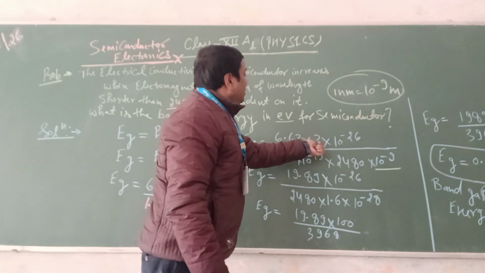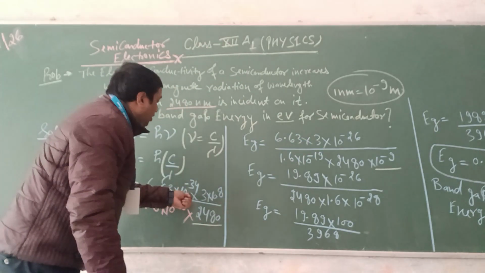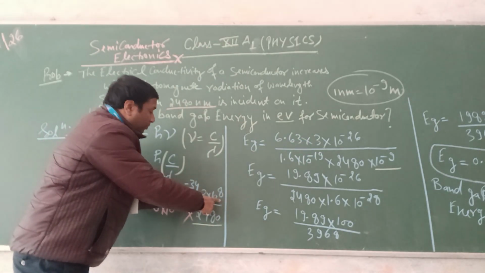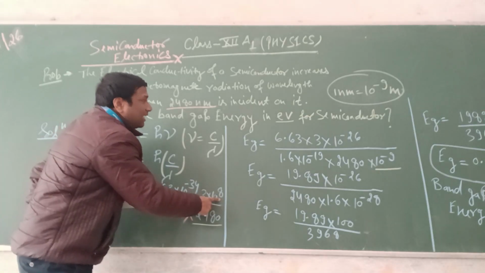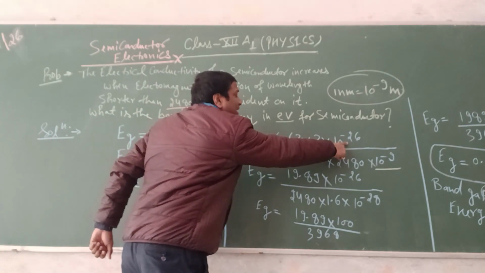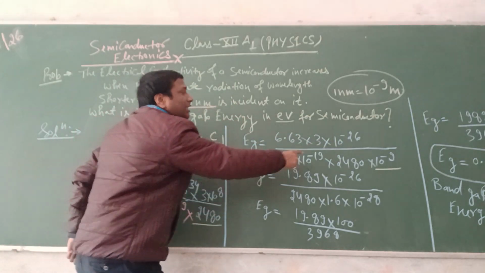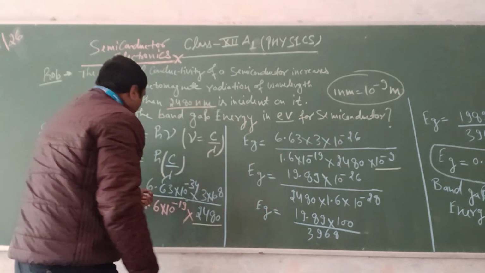Now 10 to the power minus 34 into 10 to the power 8 will be 10 to the power minus 26, because minus 34 plus 8 is minus 26.